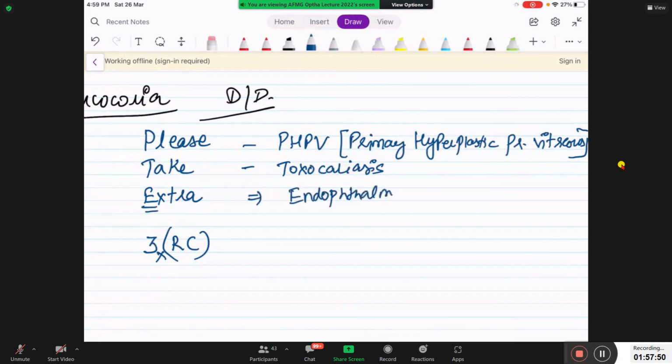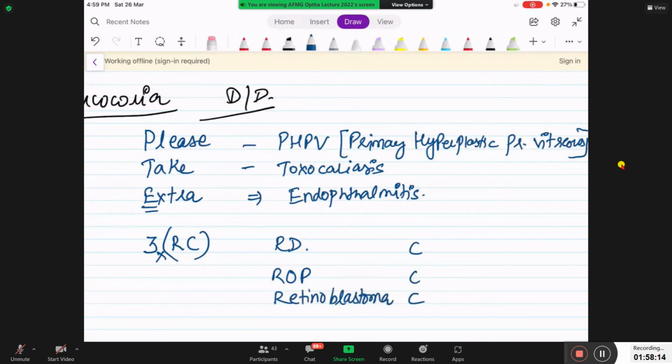Endophthalmitis. Now there are 3 R and 3 C's. 1 R is retinal detachment, RD. Second is retinopathy of prematurity, and third is retinoblastoma.